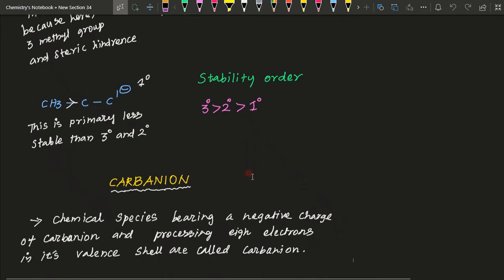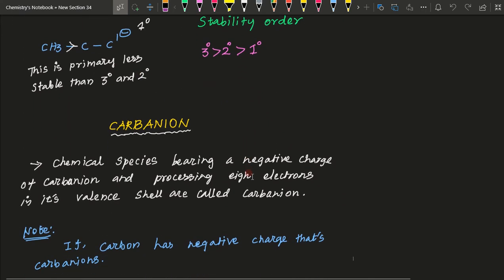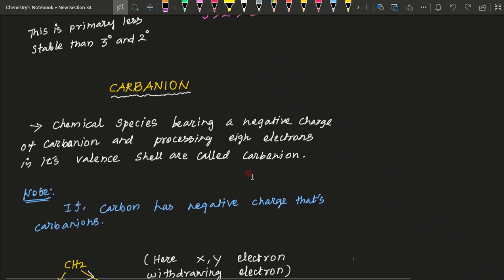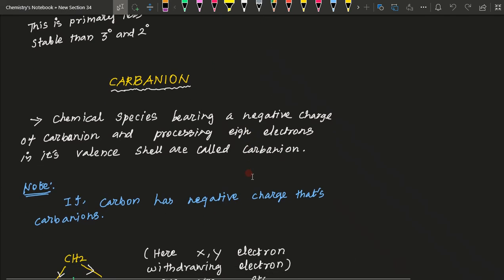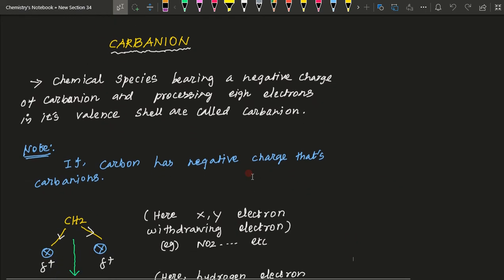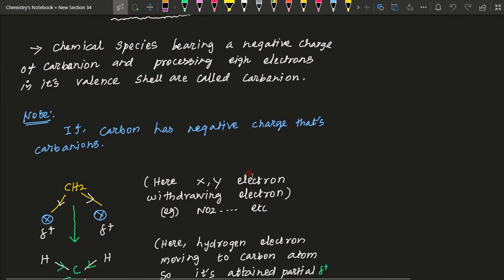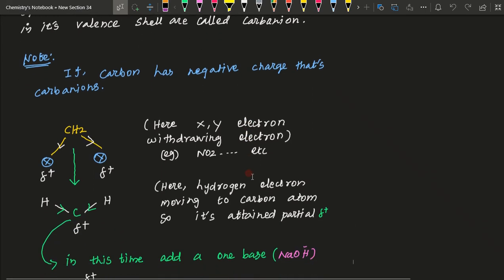Next, carbanion. The chemical species bearing a negative charge on carbon and possessing 8 electrons in its valence shell are called carbanion. Note, if carbon has a negative charge, that is carbanion. See the example below.